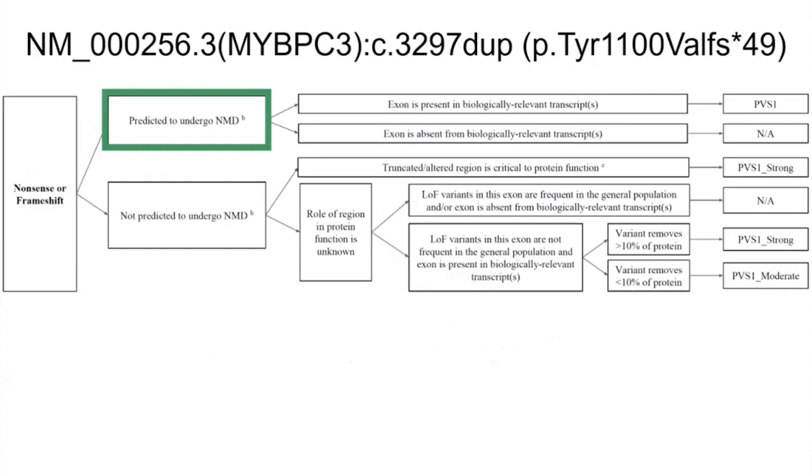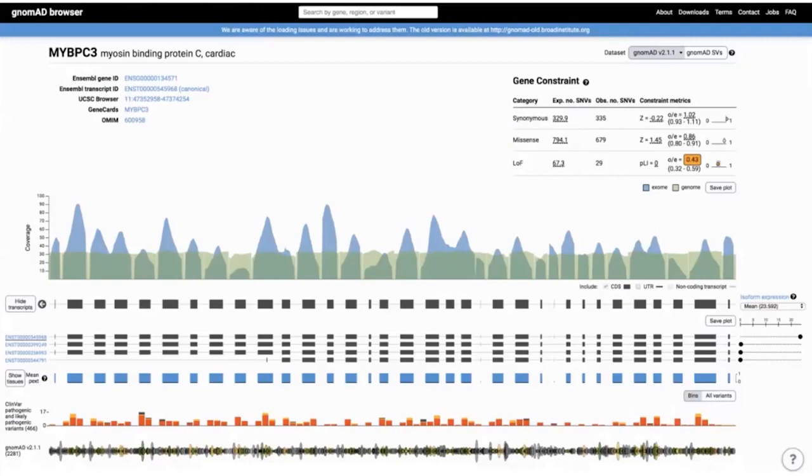So the next question I need to address is, is this exon present in biologically relevant transcripts? This is another case where looking at the gnomAD data can be helpful. So I'm here on the MYBPC3 landing page, and I'm showing the different transcripts, and you can also look at the expression of these different transcripts.